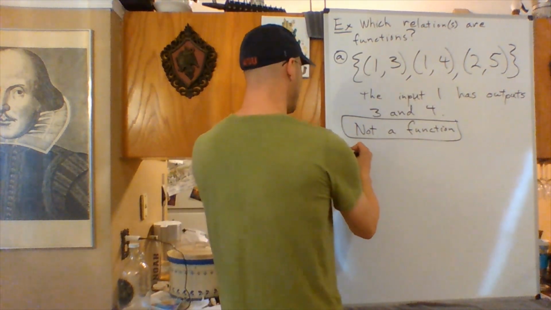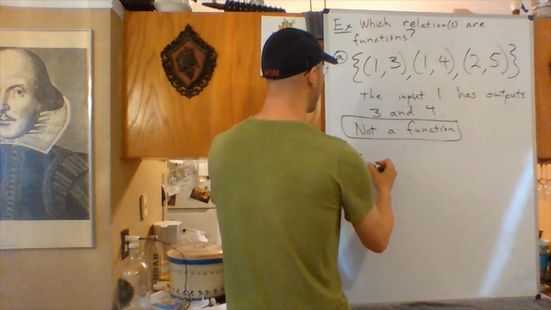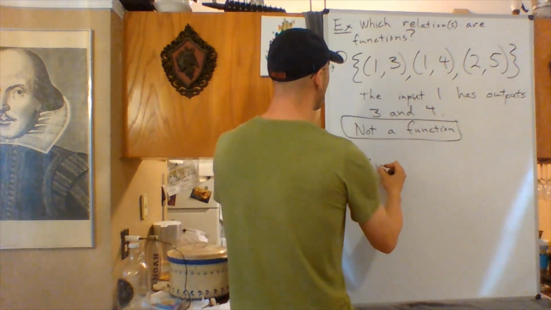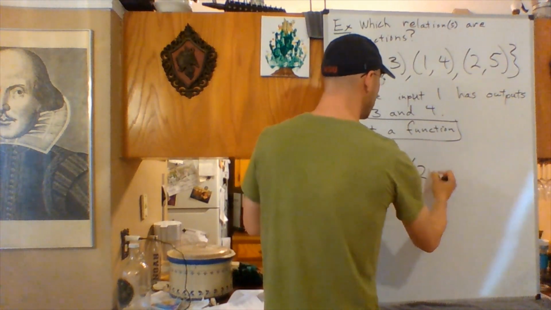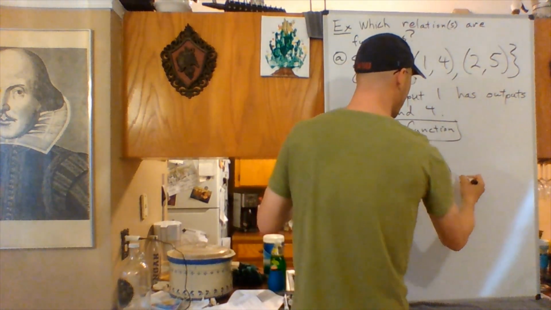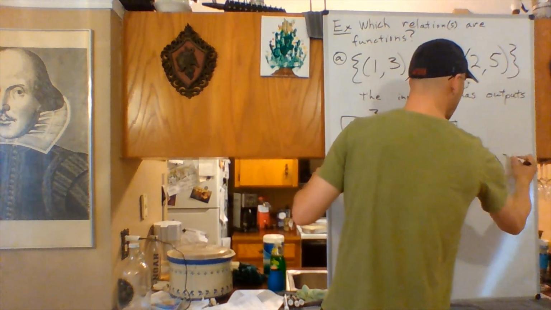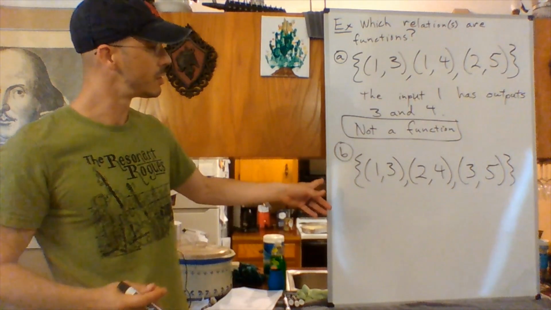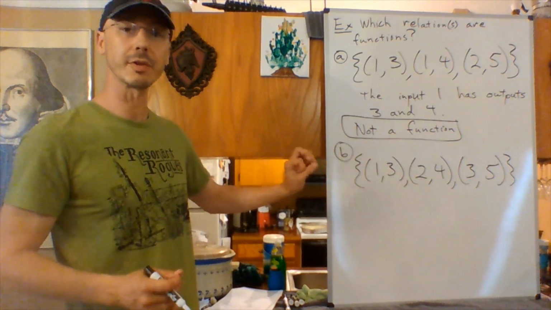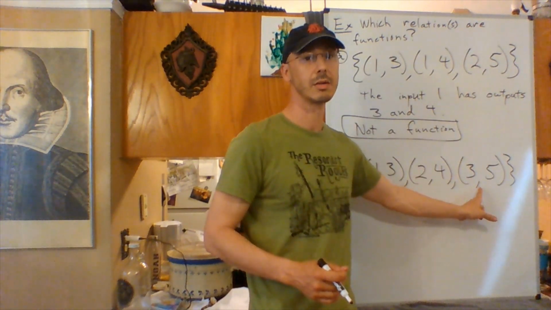As opposed to, let me just barely change this one above. (1, 3), (2, 4), and (3, 5). Now this one has a different domain. It's got the domain elements 1, 2, and 3.